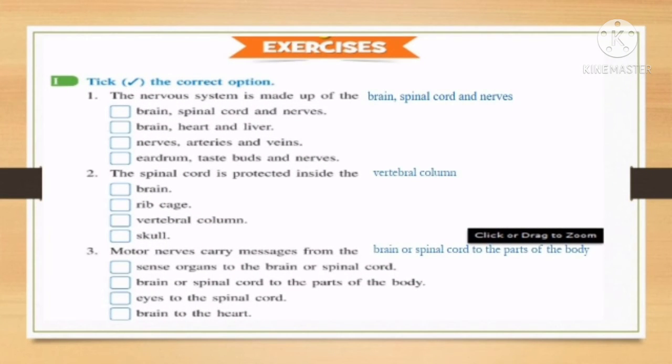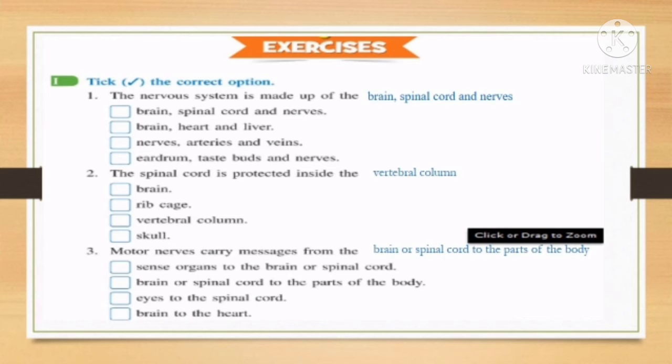Dear class, now let's do the book exercise of this chapter. Let's start with tick the correct option. First one: the nervous system is made up of.